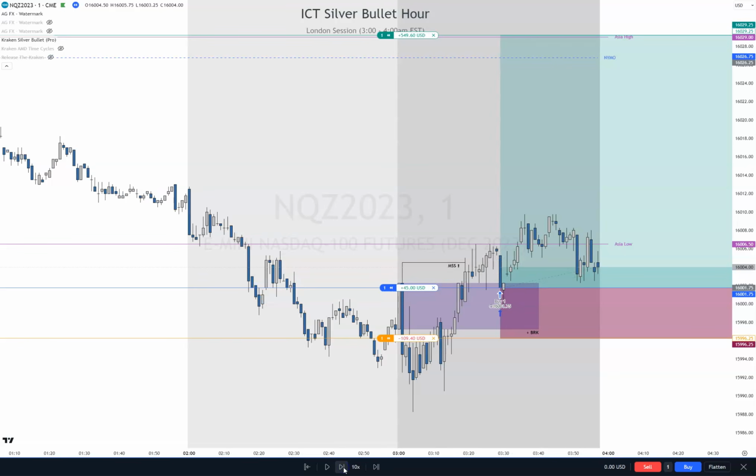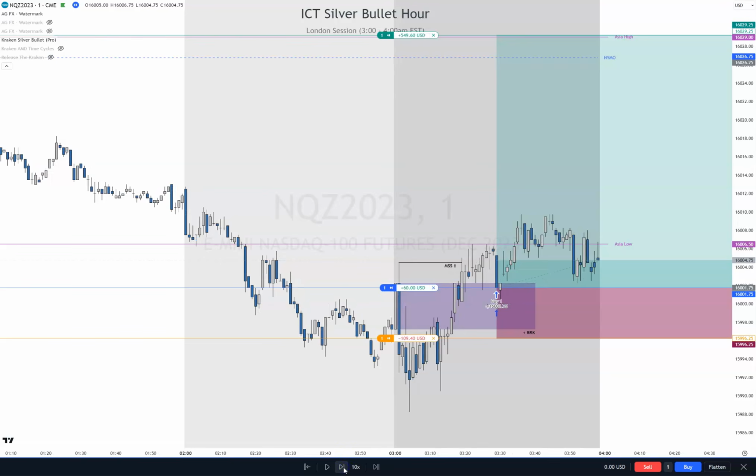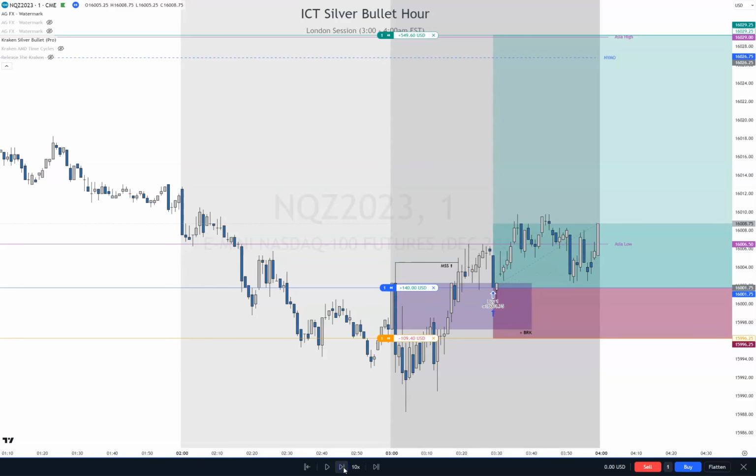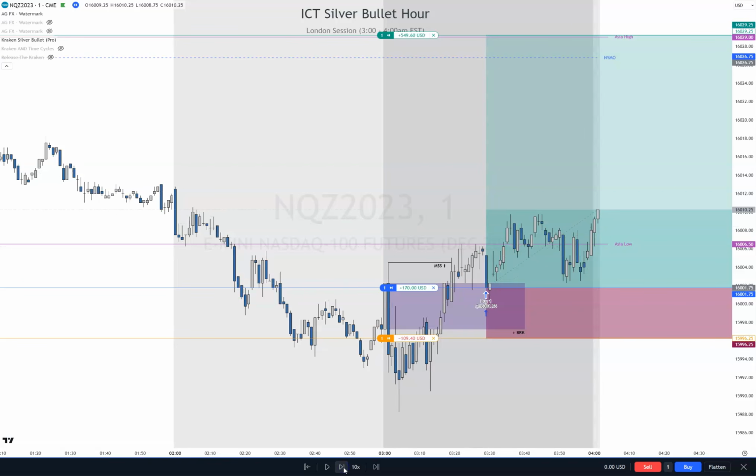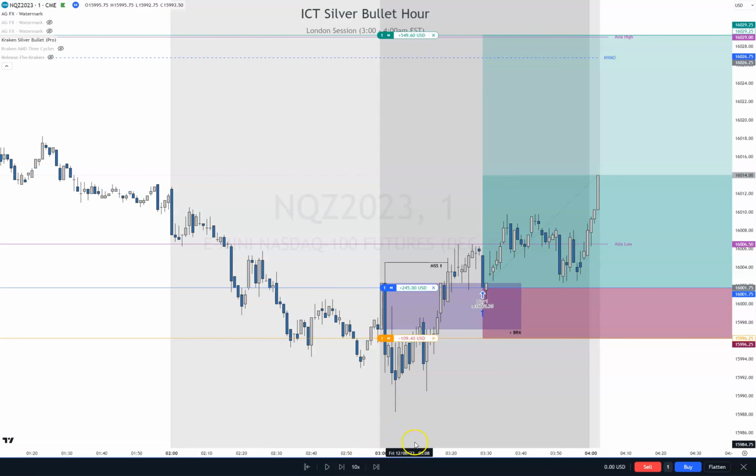This is always fun to watch. All right, so what I tell you about when I say you see this low, high, lower low, trading through breaker?